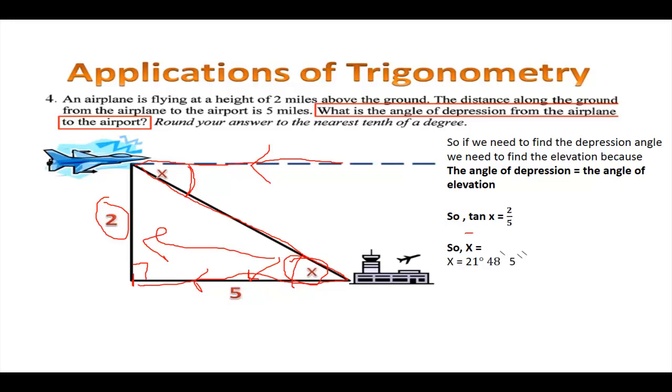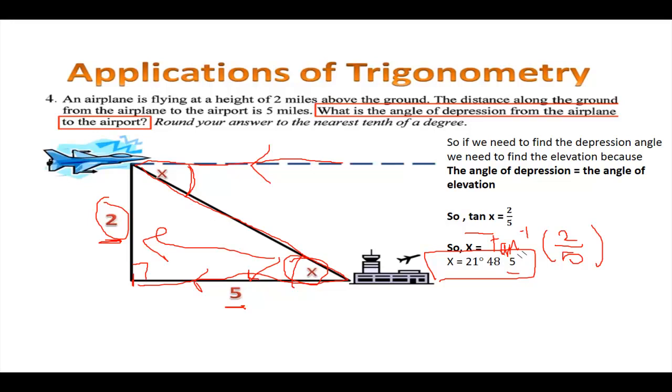So tan x equals the opposite, which is 2, over the adjacent, which is 5. So tan x equals 2 over 5. So x will equal shift tan on the calculator of 2 over 5.